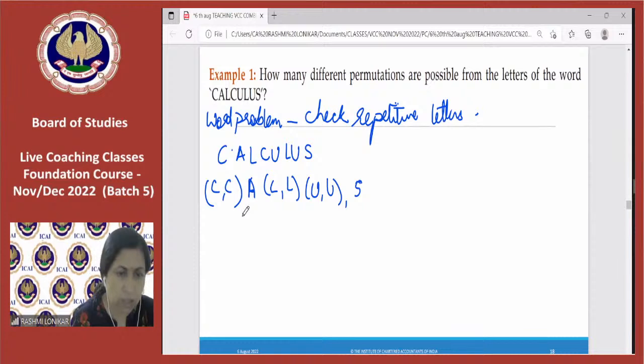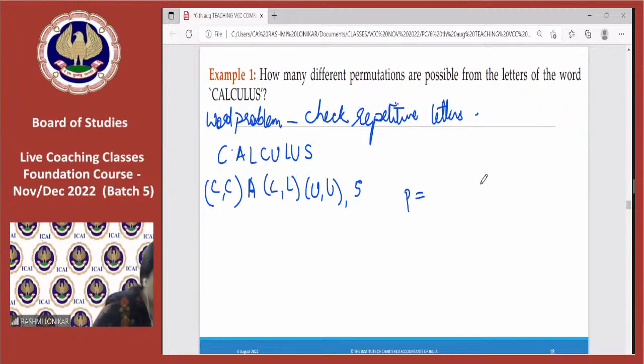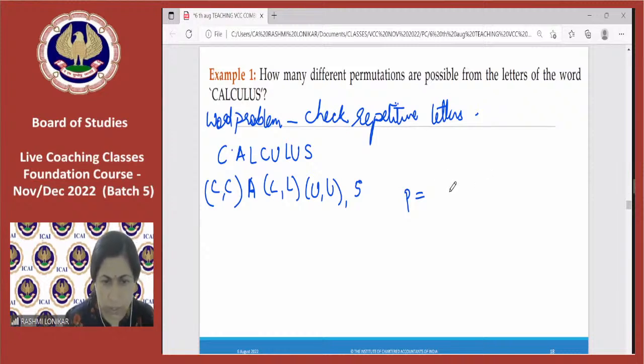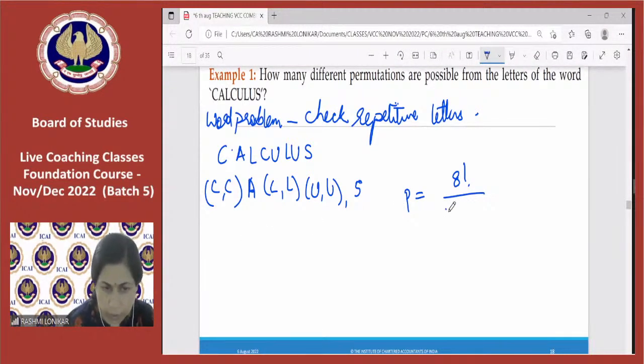So for calculus, you have P is equal to 8 factorial upon 2 factorial into 1 factorial into 2 factorial into 2 factorial, and 1 factorial.